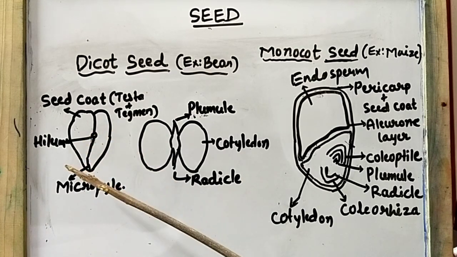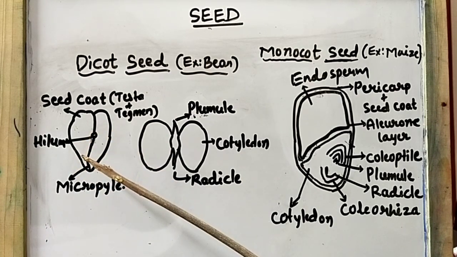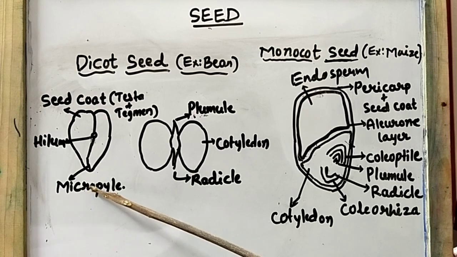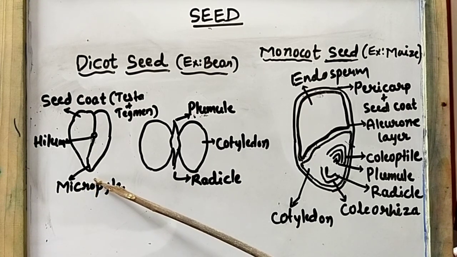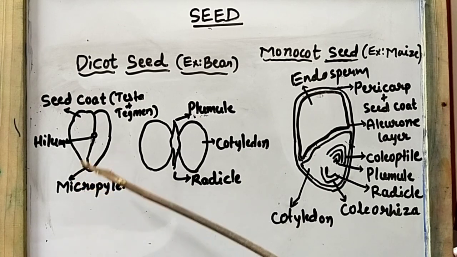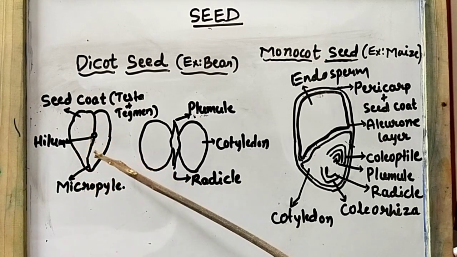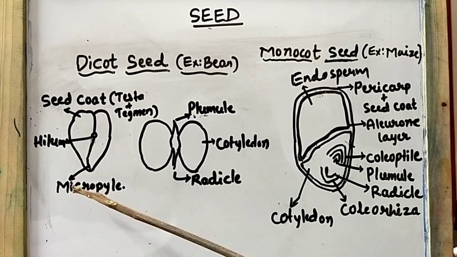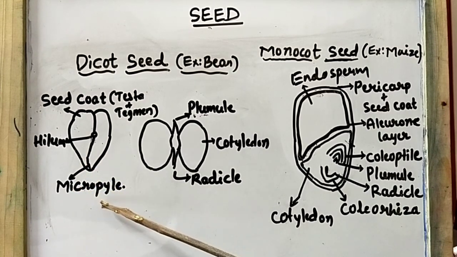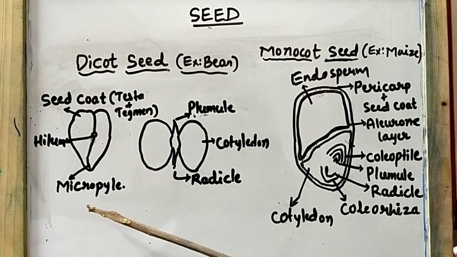After that, on this seed coat, another point or opening we are seeing is the micropyle. The micropyle is a small opening found on the seed coat. What is its function?